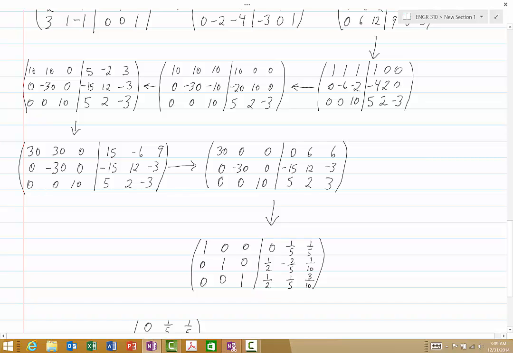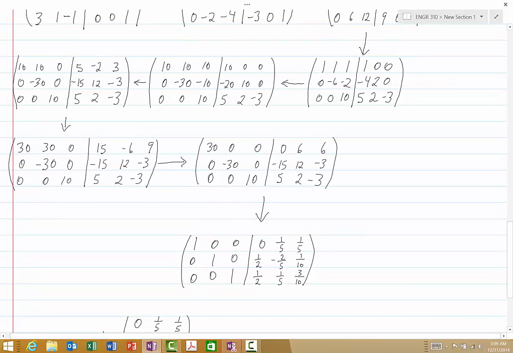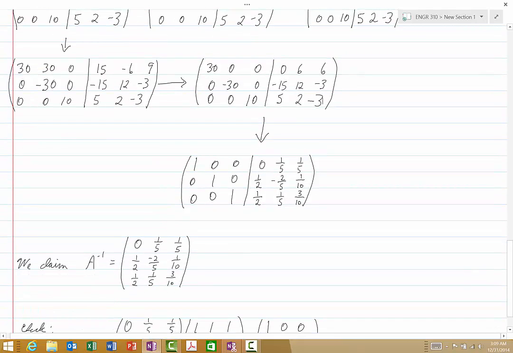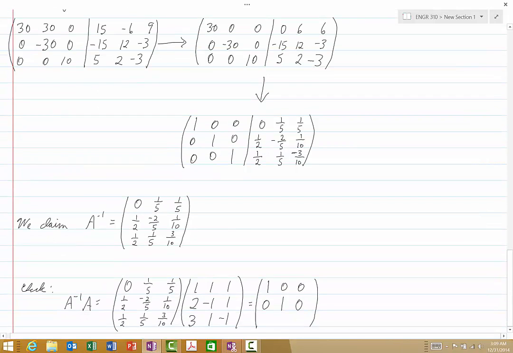So we need to put that negative 3 in, and remember the last step just consisted of dividing the first row by 30, the second row by negative 30, and the last row by 10. So that means that the only change we'll make in this final result is that we'll have a negative sign there, and likewise then in A inverse. Now we'll have a negative 3/10.